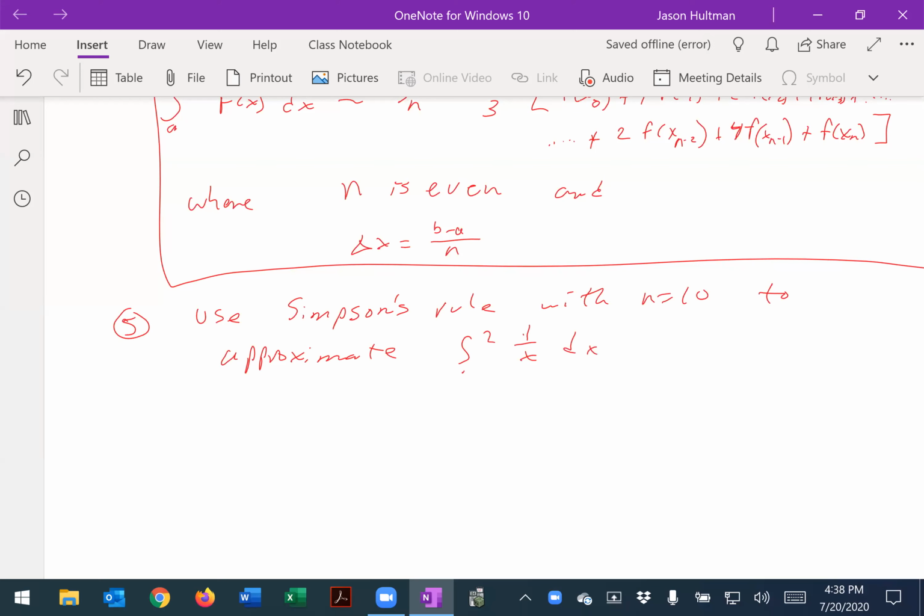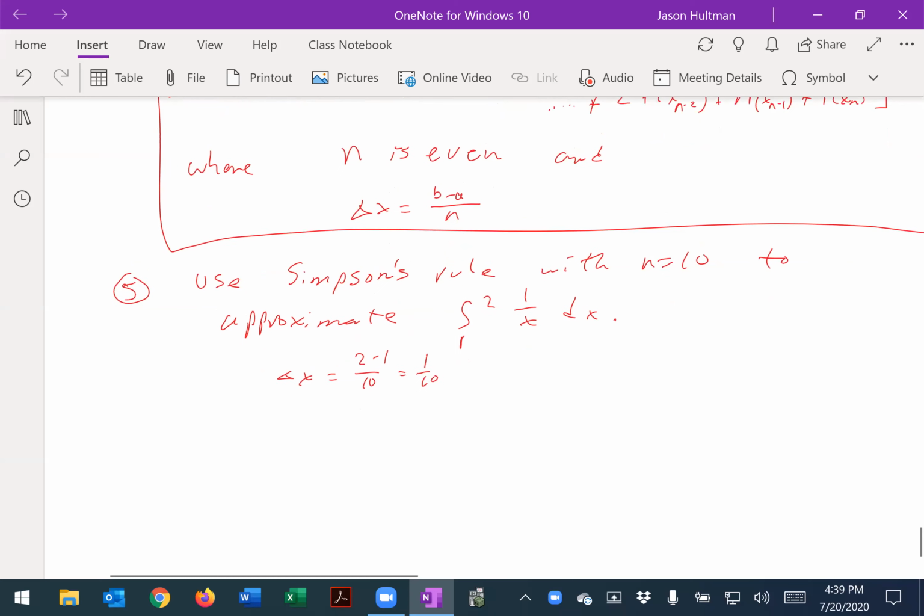Our same natural log derivative integral. So delta x in this case is going to be equal to b minus a over n, right? So this is going to be 2 minus 1 over 10, which is 1/10. So these are going to be in 0.1s.